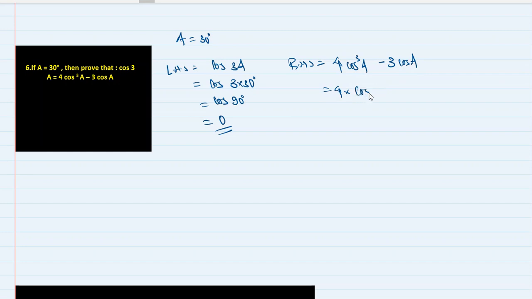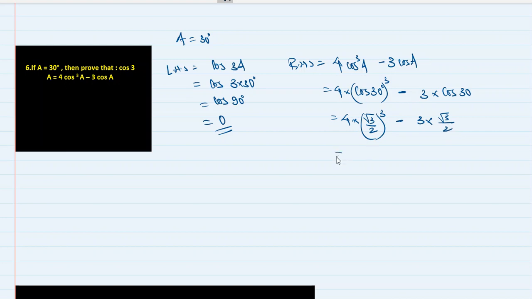See, the angle A is 30 degrees. So cos 30 degrees the whole cube, minus 3 cos A, 3 times cos of 30 degrees. So 4 times cos 30, that is root 3 by 2 the whole cube, minus 3 times root 3 by 2.